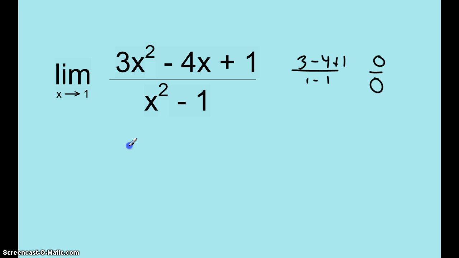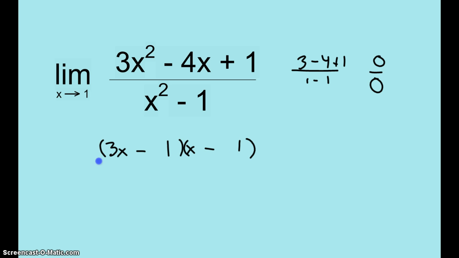So let's see if there's any way we can simplify or factor. 3x squared and x in the numerator. Second sign is positive, that means these two signs are both the same. First sign is negative, that means both of these have to be negative. And factors of 1, 1 and 1. That yields us negative 1x and negative 3x.